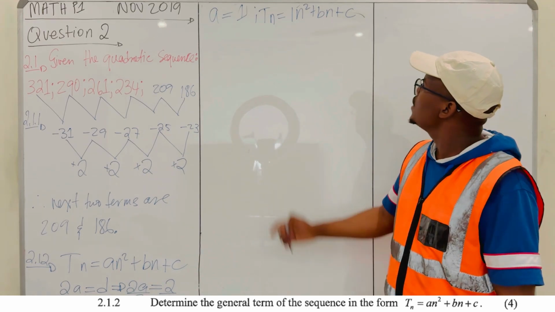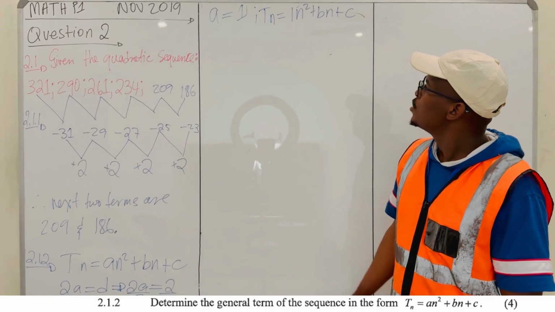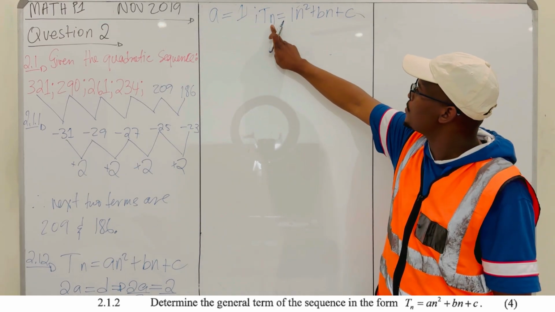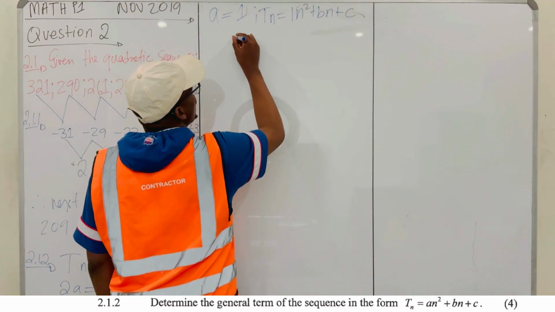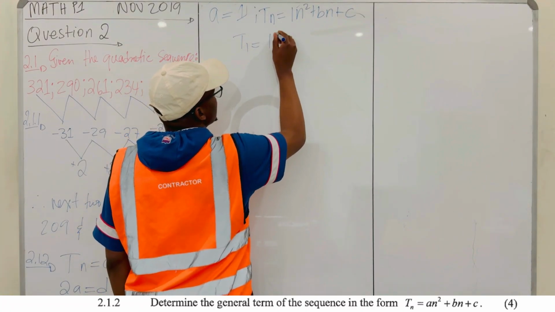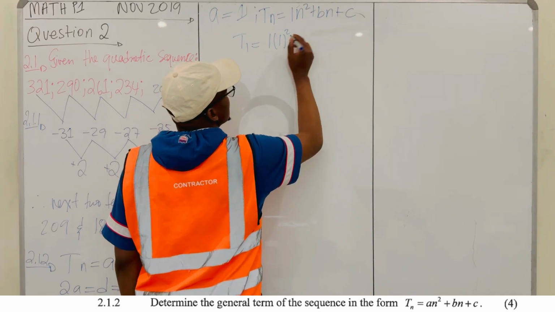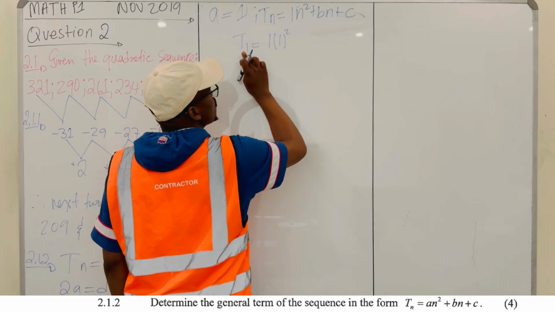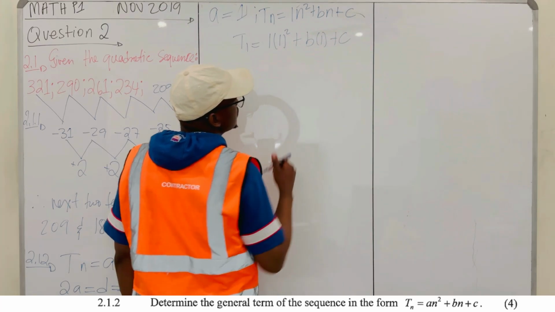Now we need to find b and c. How do we do that? So you're going to use this Tn to find T1. T1 is equal to 1 times 1 squared, because you put 1 in for n, plus b times 1 plus c.